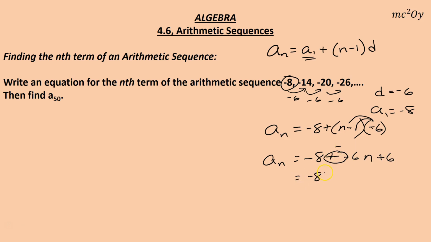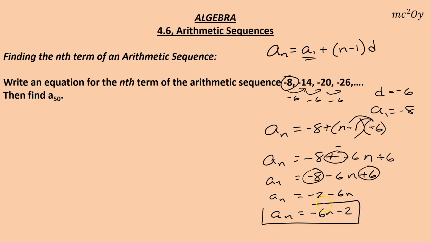I'm going to have negative 8 minus 6n plus 6. Putting the like terms together, negative 8 plus 6 is negative 2. So negative 6n and negative 2. And write that out in slope-intercept form. We put the negative 6 in first. There, we've got it. There's slope-intercept form.